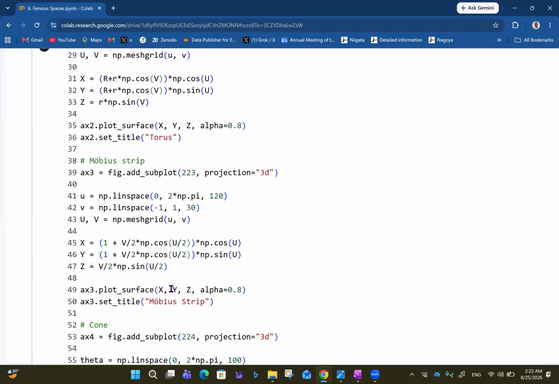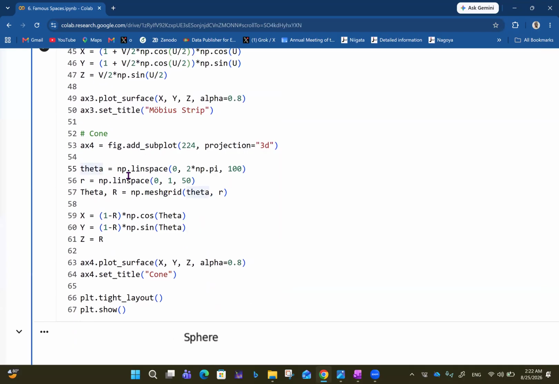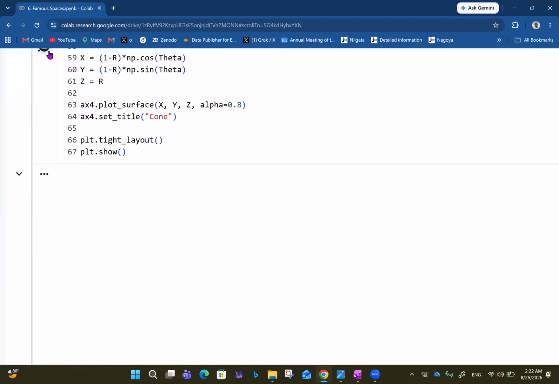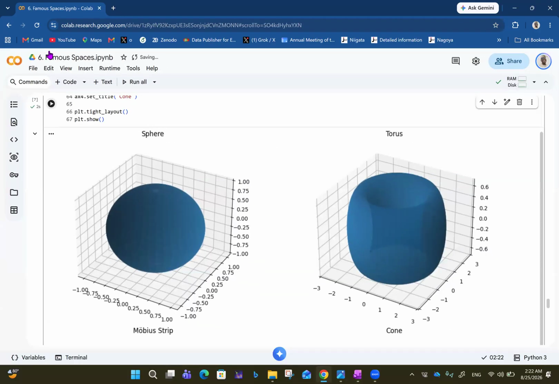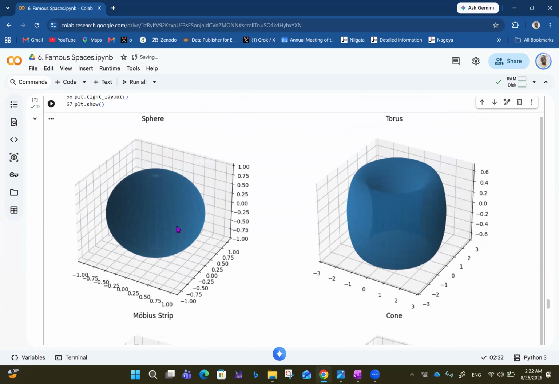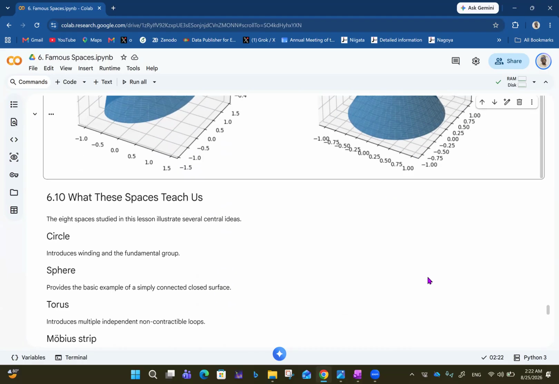You have the Mobius strip, represented by all this, and you have the cone coming this way. By the time you run this, you get all the famous spaces in one place. You have your sphere here, the torus here, the Mobius strip here, and the cone like that.